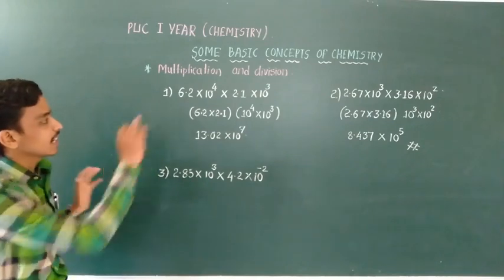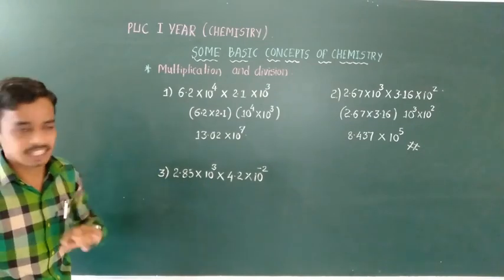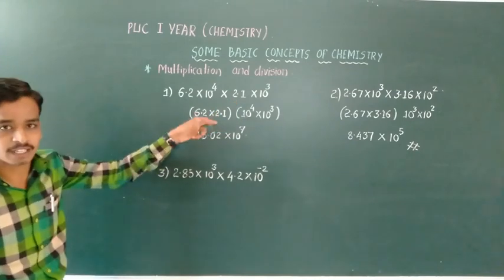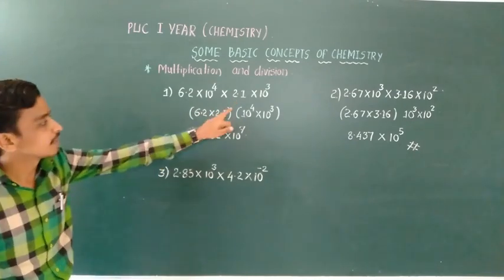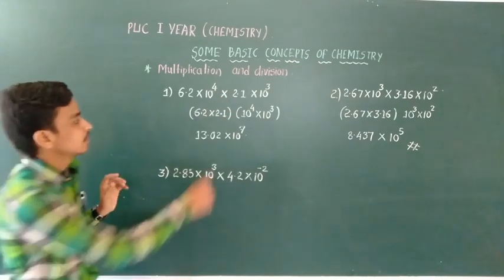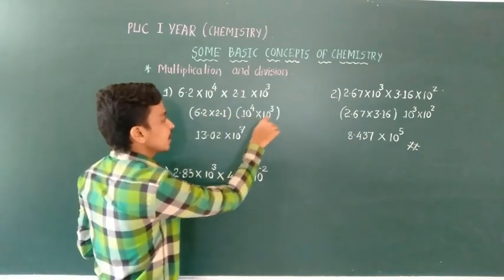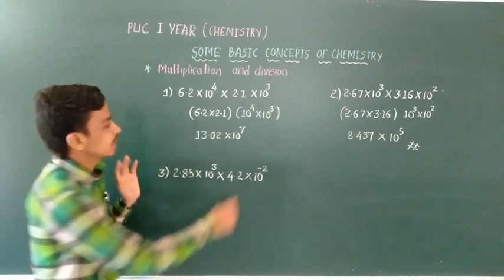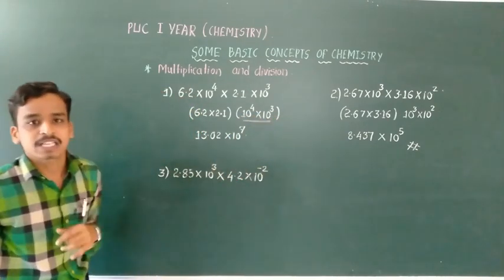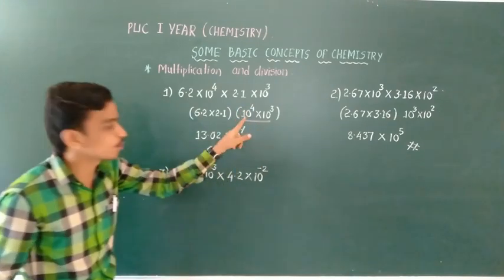First you have to rearrange the terms. That is 6.2 into 2.1, written separately, and 10 raised to 4 into 10 raised to 3. Here we require the basics of powers. In the previous video we already discussed this rule.